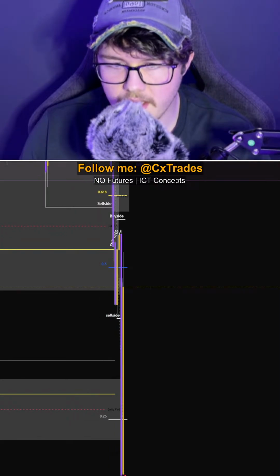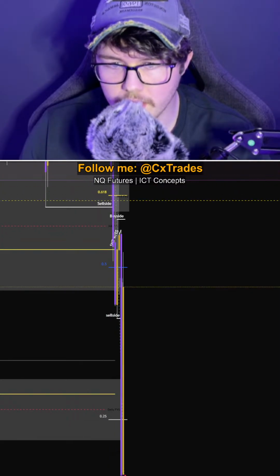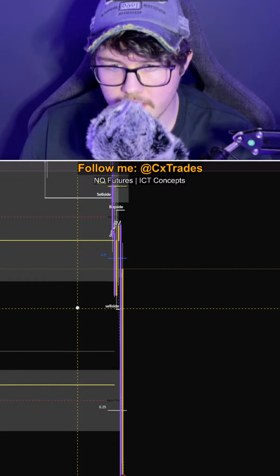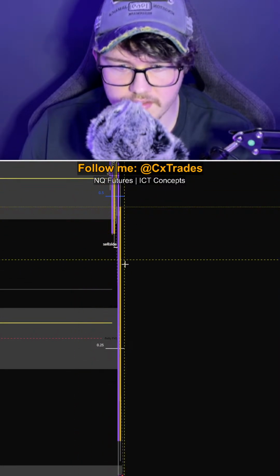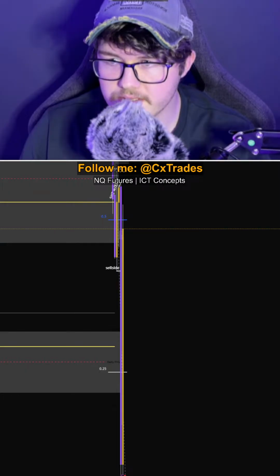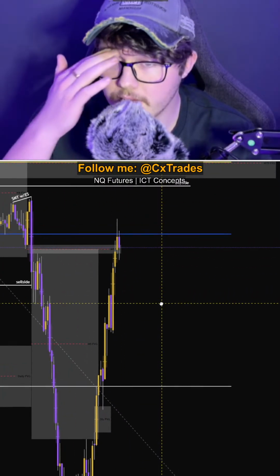There's an M15 order block here. I'd be surprised if this just melts though, to be honest, the way this candle's gone.